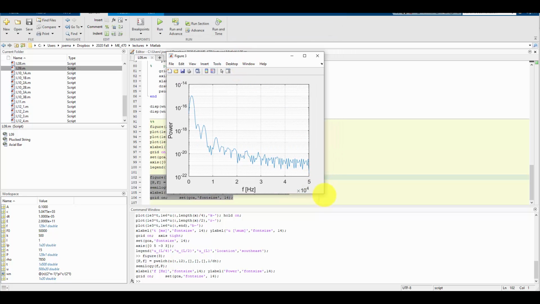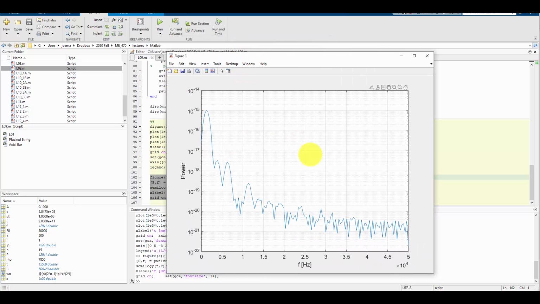So this is what we are getting for the power spectral density. This is in Hertz. So we're seeing these strong frequencies happening at the natural frequencies. And the quality of this is going to be dependent on how long we sample, and it's going to be dependent too on how fast we sample. Well, that's going to be the x-axis that depends on how fast we're sampling.